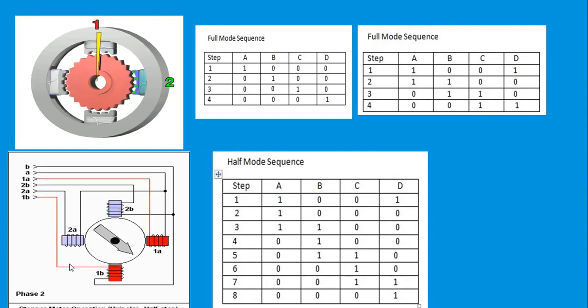Thereby the number of steps of the rotor is increased, or doubled, compared to the full mode sequence. In case of full mode sequence, a rotor takes 200 steps to complete one rotation, whereas in case of half mode sequence, the rotor will take around 400 steps to complete a 360 degree rotation. Okay, so this is about the sequences for full mode and half mode.